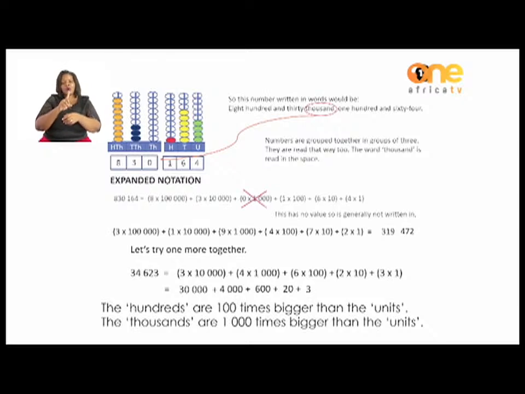You take 3 in the place of 10,000, you multiply by 10,000. 0 in the place of 1,000: the value of 0 is 0, so even if you multiply 0 times 1,000, you get 0. That's why there's a cross there, for you to know that we do not write that.